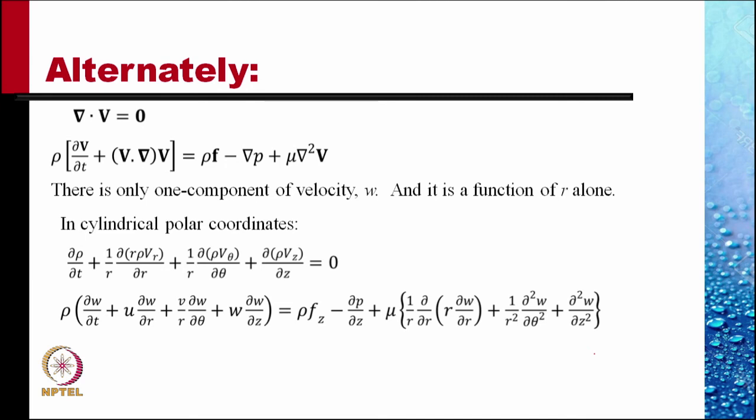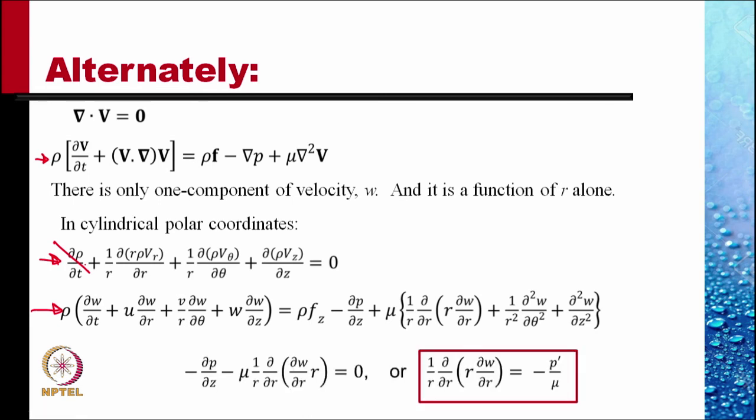So, the second equation here is the z component of the Navier-Stokes equation in the cylindrical polar coordinates. This is the continuity equation, and with the fact that Vz is a function only of r and there is no Vr and V theta and the flow is steady, this equation is automatically satisfied.